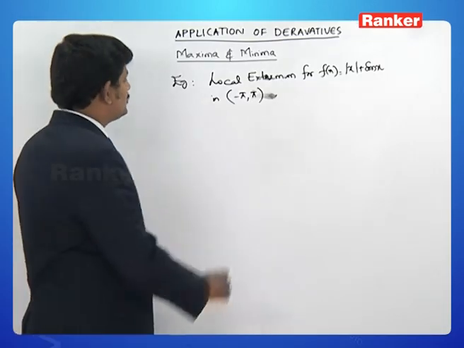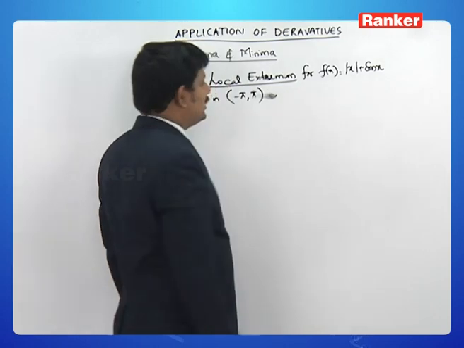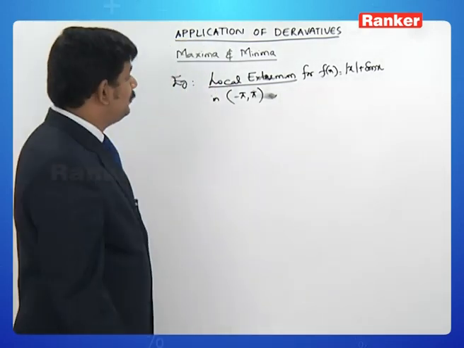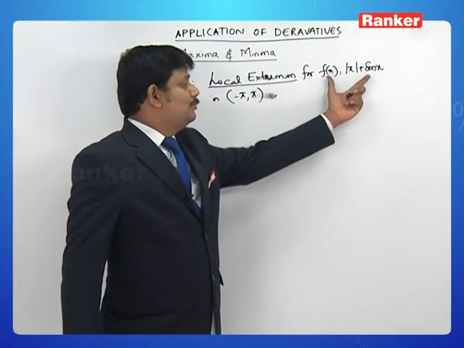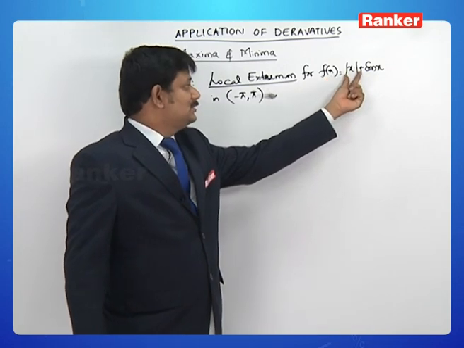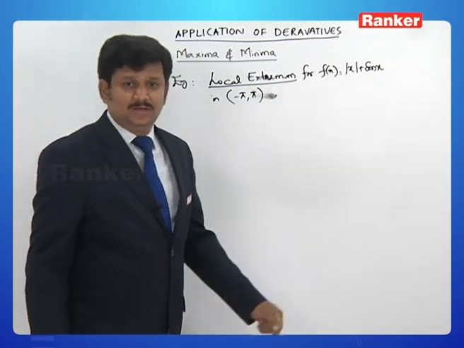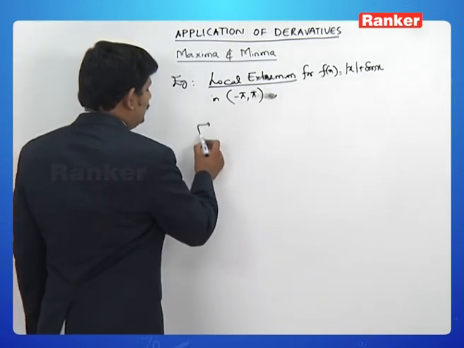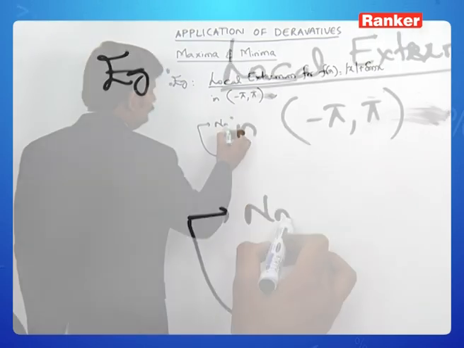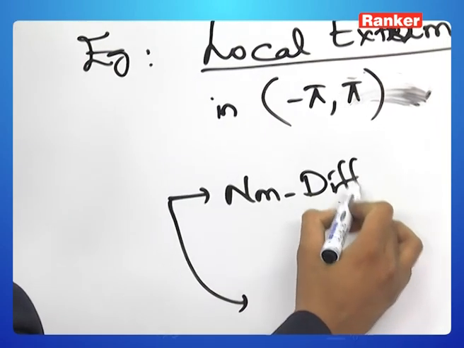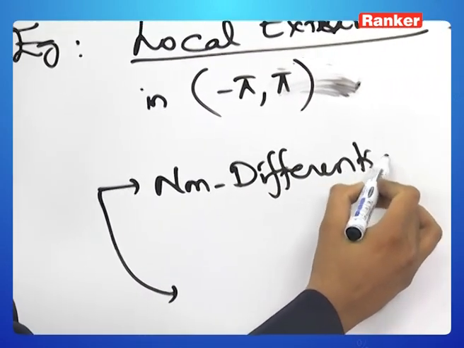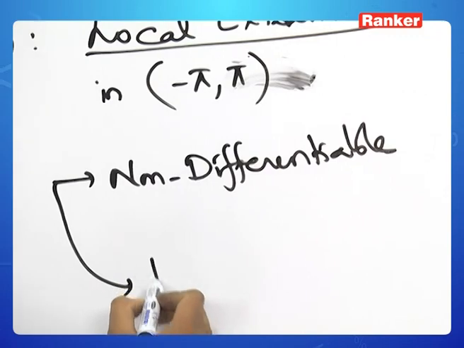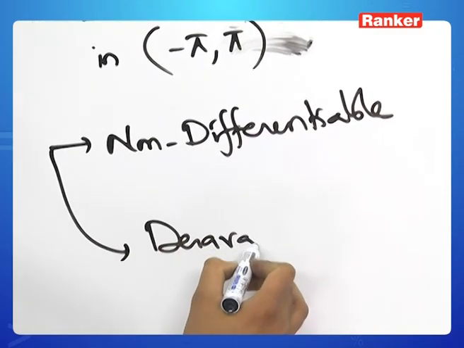Now local extremum occurs at critical points, and critical points are the points which belong to the domain of the function. The domain of this function is R, mod x is defined on R, sin x is defined on R, and where either the function is non-differentiable or the derivative is equal to 0.